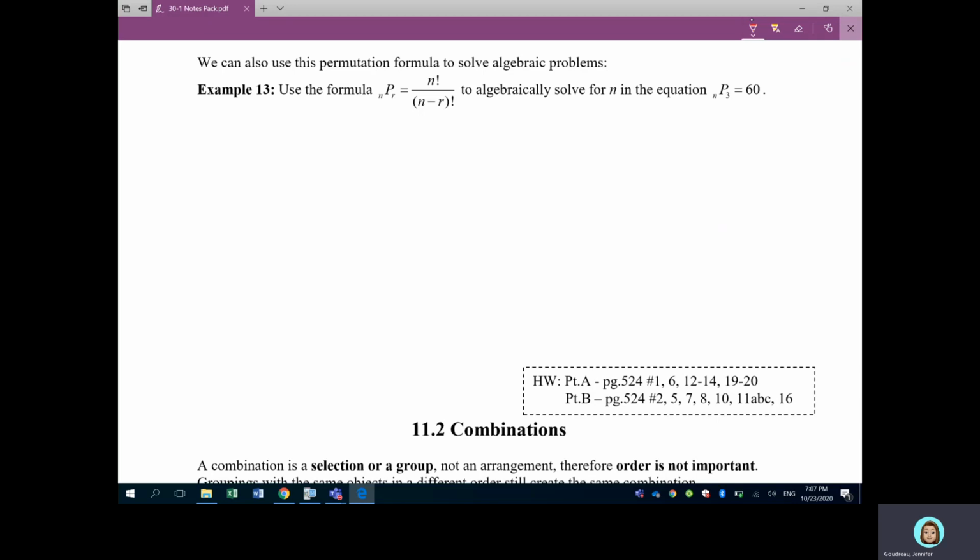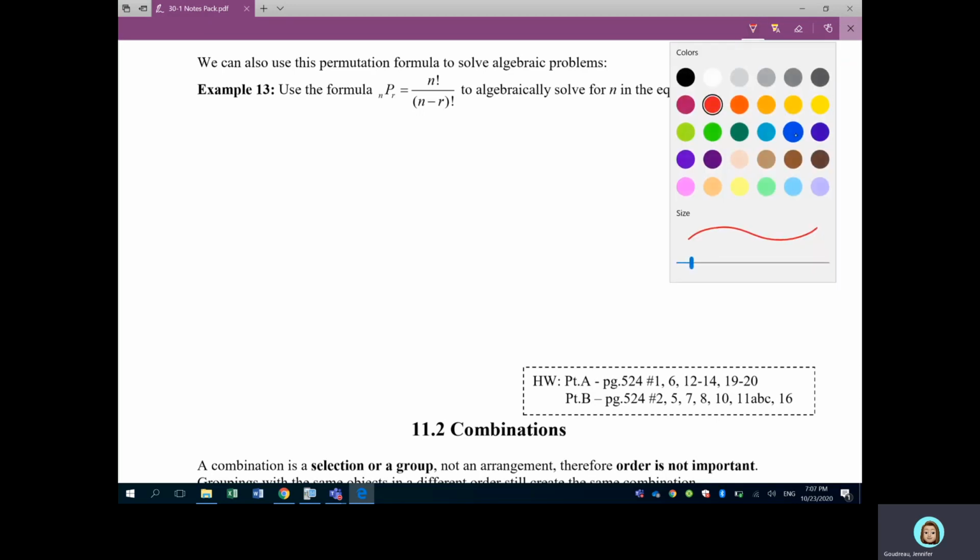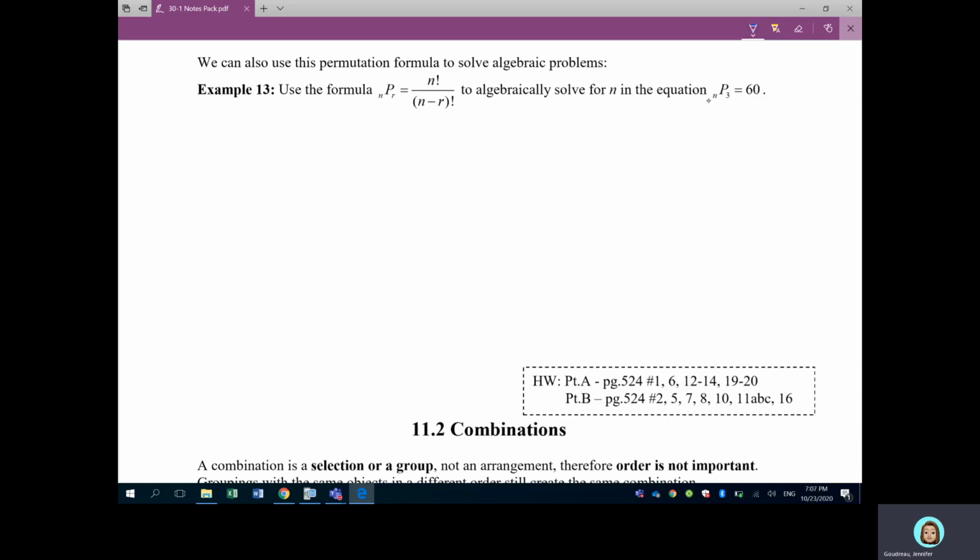So we are going to start with the formula, and with the fact that we have n permute 3. Taking the left-hand side and using the formula, n is n, so we start with n factorial over n minus, we know what r is, 3, n minus 3 factorial equals 60. So that gives us our equation. In order to solve this equation, we are going to need to simplify.